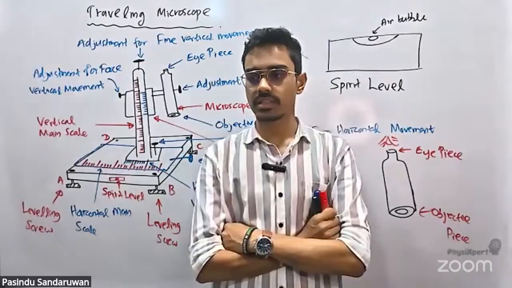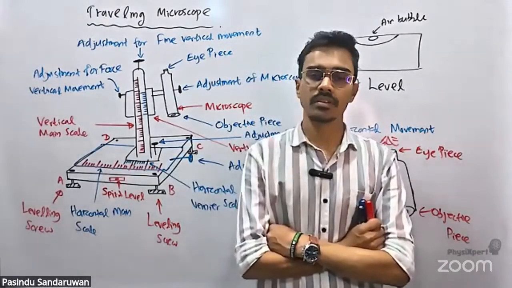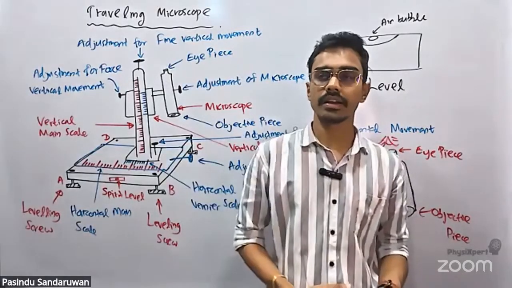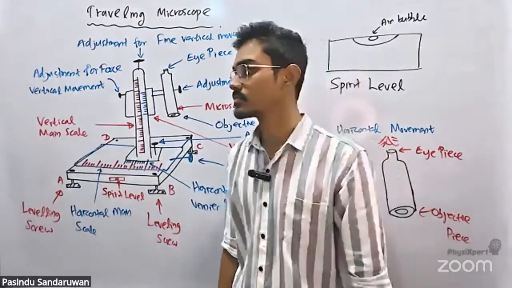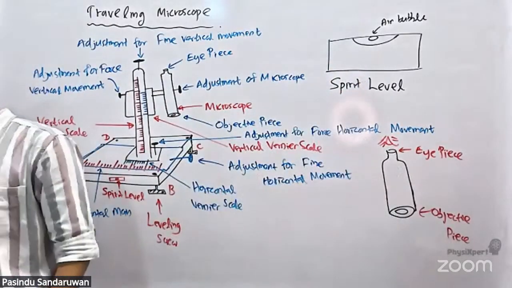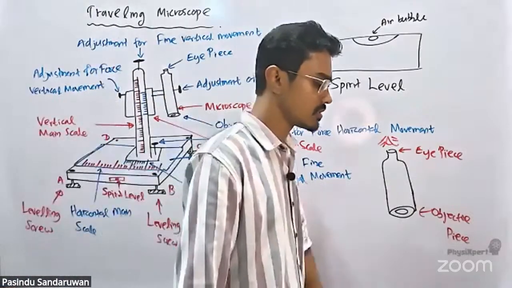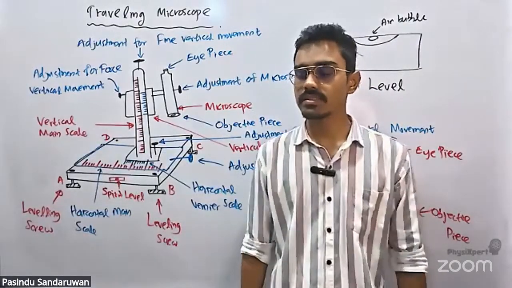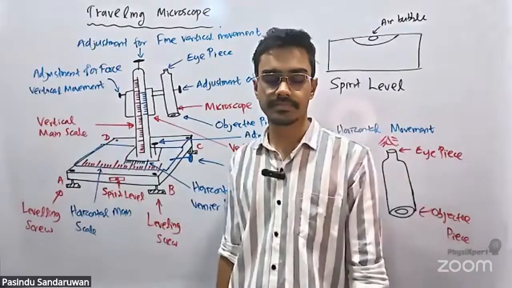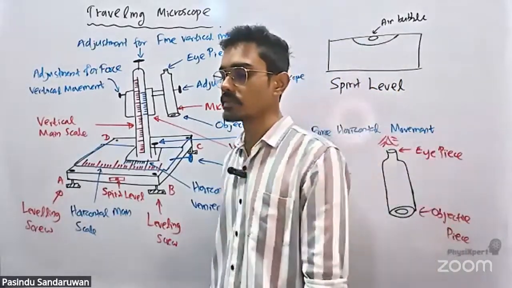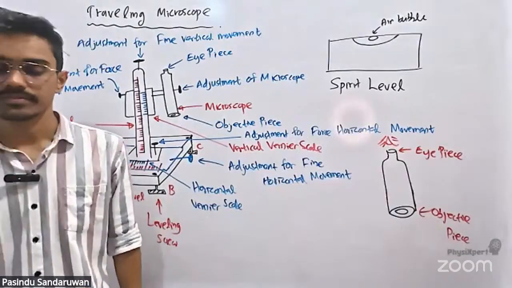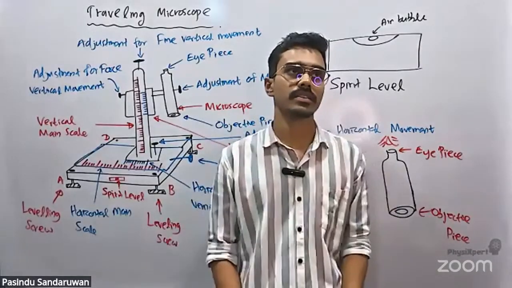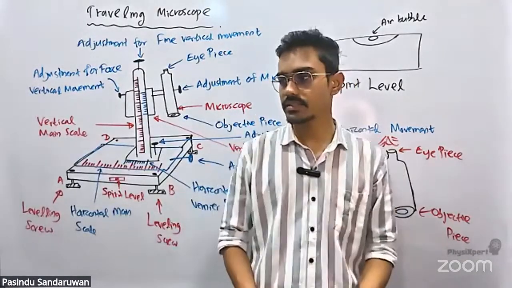Next point. Traveling microscope consists of two vernier scales.